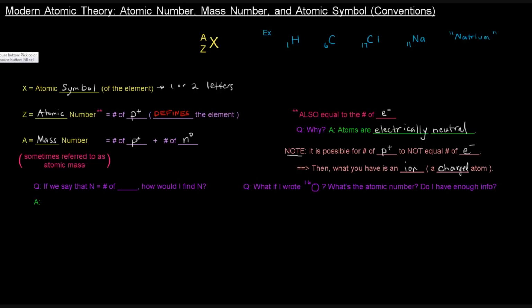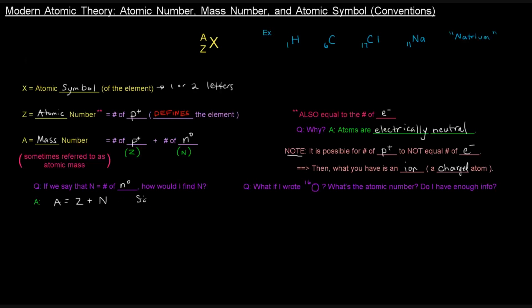And we could refer to the number of neutrons as being N. So if N is the number of neutrons, how would you find N? Well, this is basically an equation here, right? A equals Z plus N.